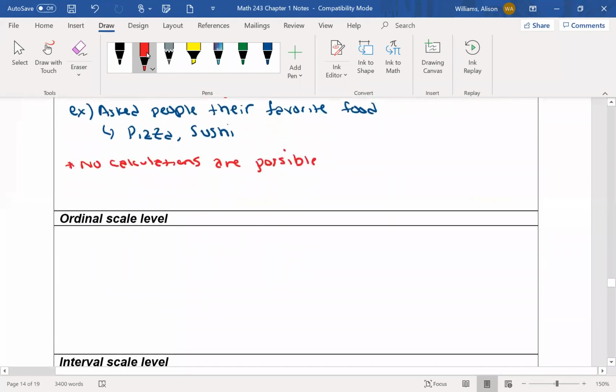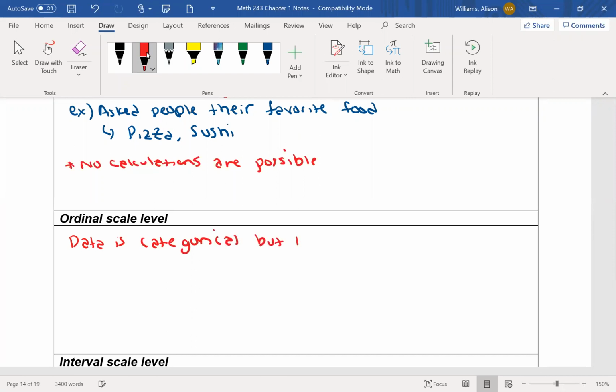All right, so ordinal scale. As the word implies, ordinal is nominal data that can be put into order. So ordinal data is also categorical, but it does have a natural order.